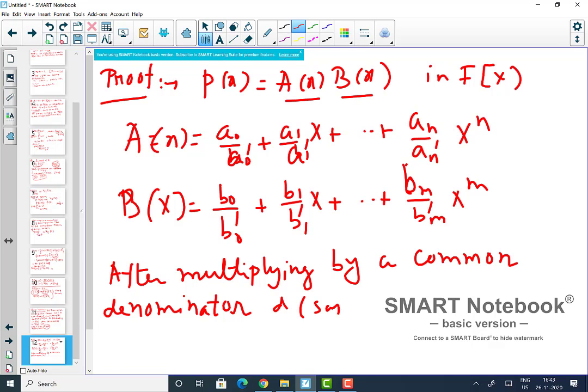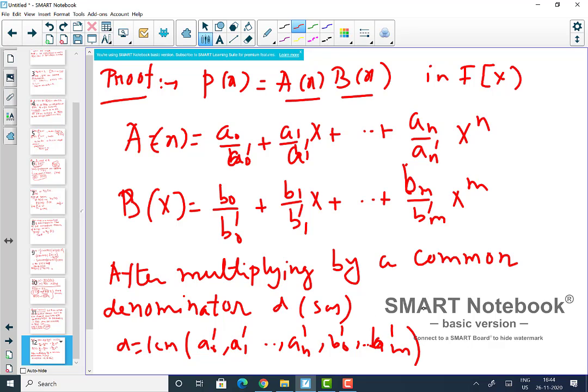Suppose this is d, the LCM of a0 dash, a1 dash, and also b0 dash up to bm dash.